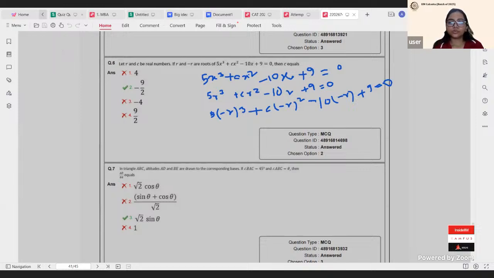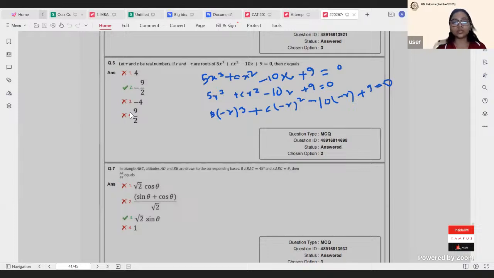Okay. So if we solve these two equations for r, then we'll find out the value of r to be plus minus root 2. So just plain and simple solving of simultaneous equations.